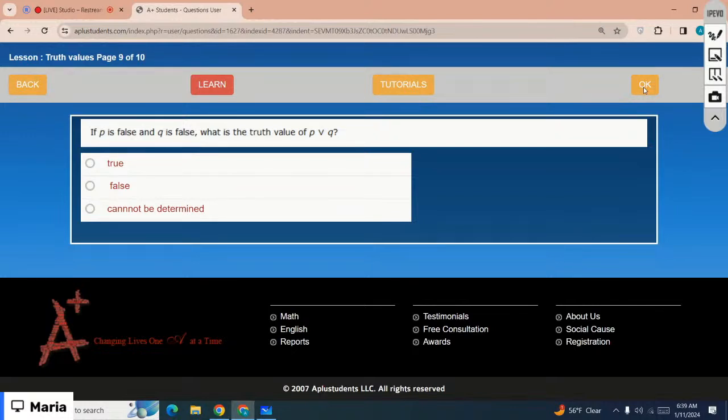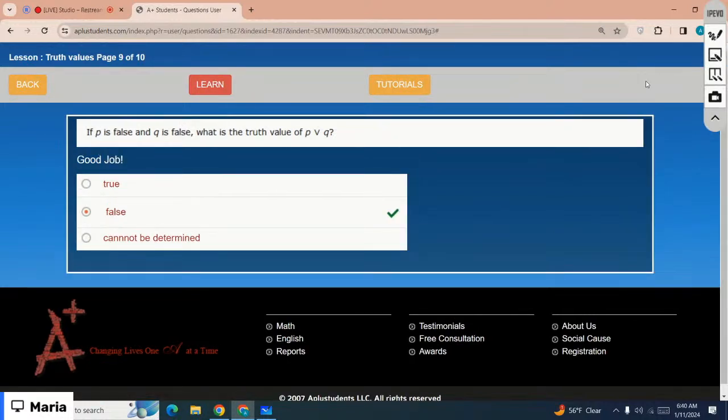The correct option is, both of them are false, so the P or Q is also false.